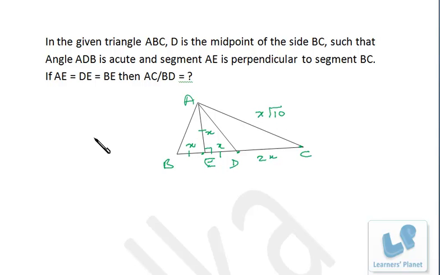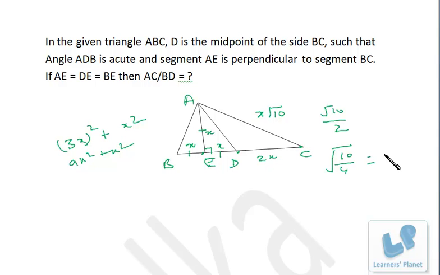Okay, just write it over here. So it will be 9x square plus x square. So that's x root 10. So what will be AC by BD? X root 10 by 2x. So that's root 10 by 2. Okay. Or we can say 10 by 4 or root of 2.5. Whatever. Okay. I hope you are clear.